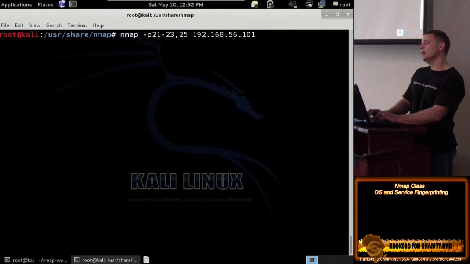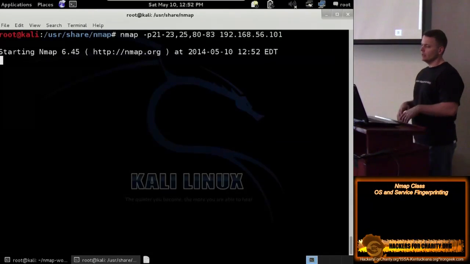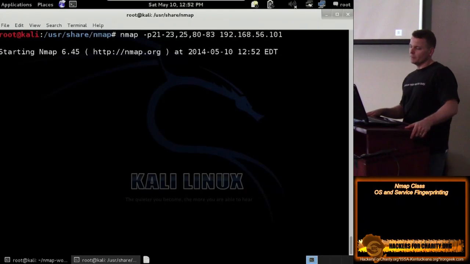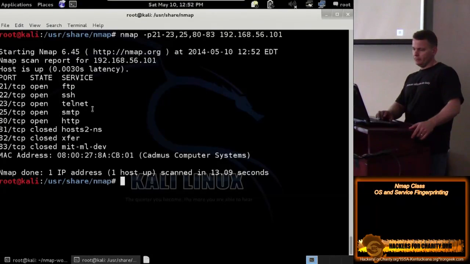We can use the comma to skip part of a range, and then you can always go back later, add more commas, and add more ranges back in. So maybe you wanted to see 80 through 83. And combine the ranges and the commas together to get the list of ports that you want. So that would be about 8 ports. So turns out there's a whole lot of stuff open in those ranges, at least on Metasploitable anyway.